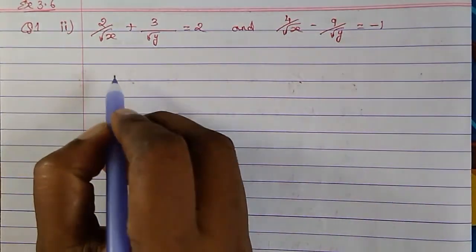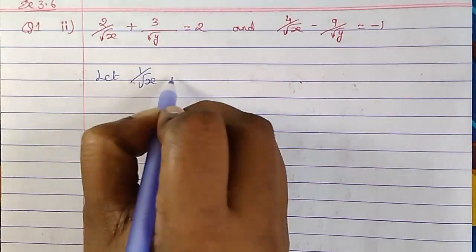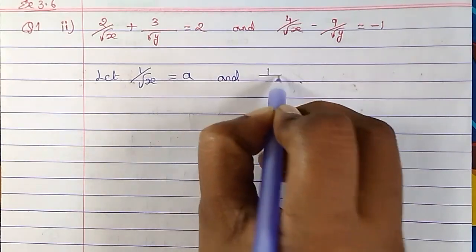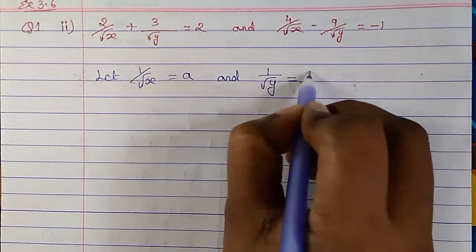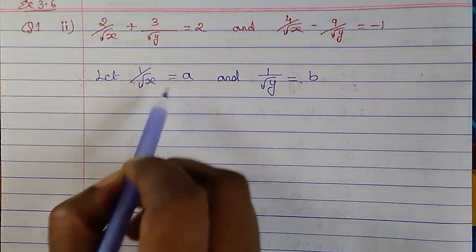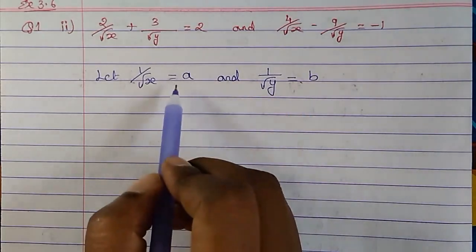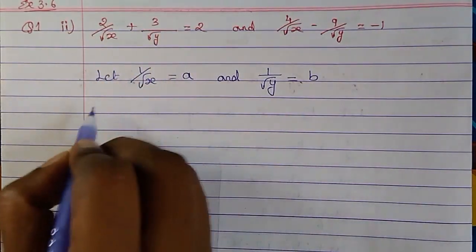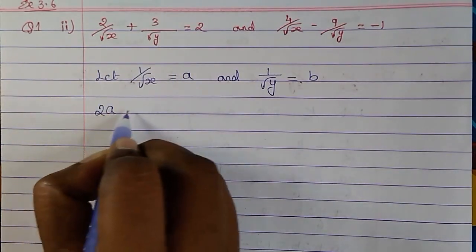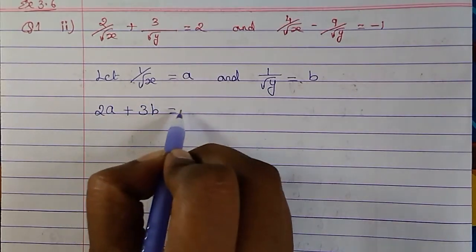So let 1 upon root x be a, and 1 upon root y be b. So 1 upon root x will become a, 1 upon root y will become b. That being the case, we can now write the equations. The first equation will be 2a plus 3b equal to 2.